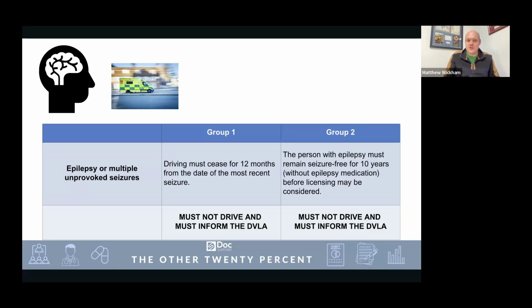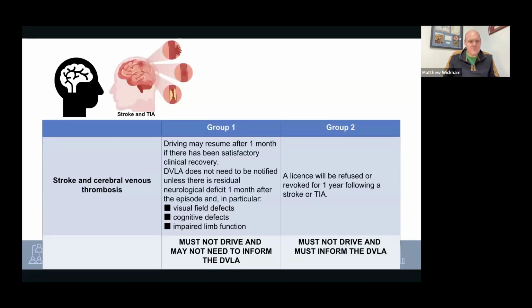And then group two, the person with epilepsy must remain seizure free for 10 years without medication before licensing can be considered. So this is huge, so bear that in mind in terms of who is having that impact. If you're saying that someone's got a seizure, it's going to be a very delicate conversation that you must have to make sure that they're safe.